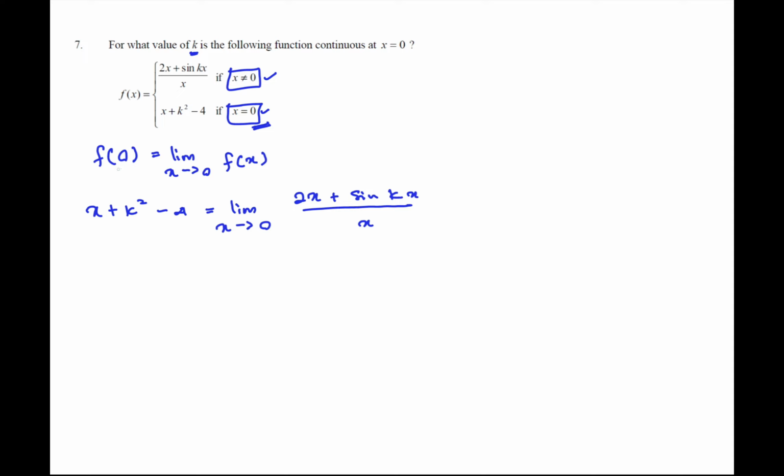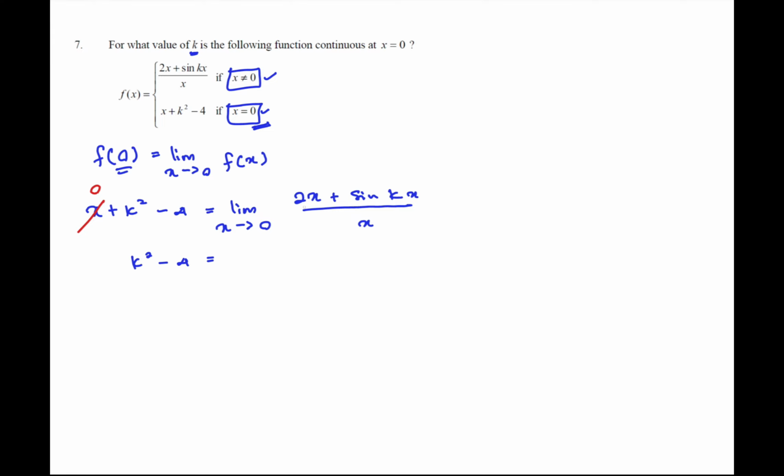Since we want to find the limit as x approaches 0 and the function at 0, we need to substitute x with 0 here. So we get k squared minus 4 equal to this one.